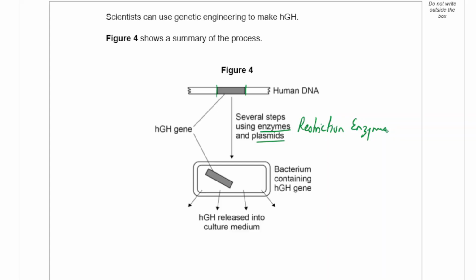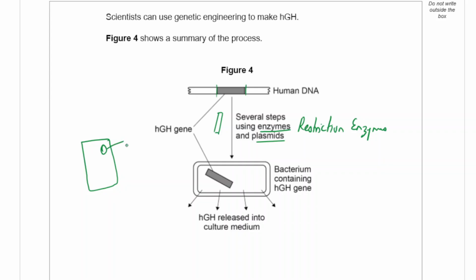Now for GCSE, you don't really need to know the name of the enzymes. The marking scheme certainly doesn't ask you to name them. Once it's cut, so you've got the gene, it needs to be inserted into a plasmid. Now plasmid, remember, in a bacteria, you've got the circular DNA.